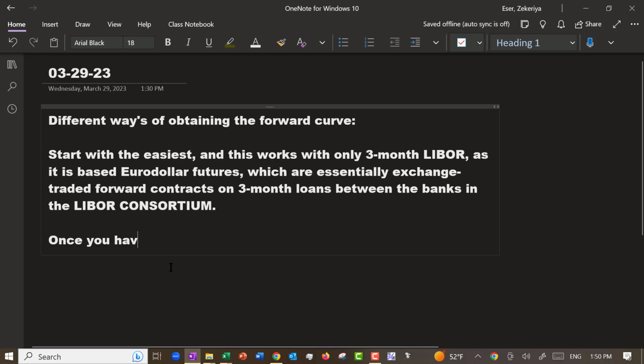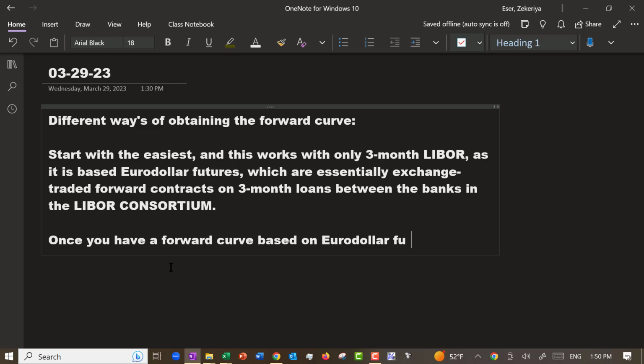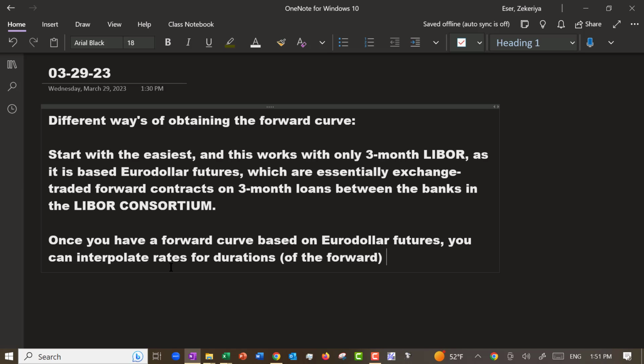Once you have a forward curve based on Eurodollar futures, you can interpolate rates for durations of the forwards that are in between two actual data points.